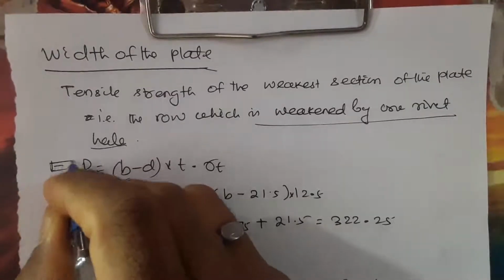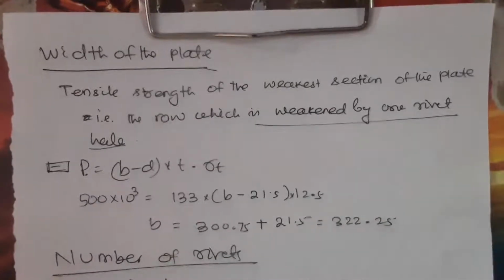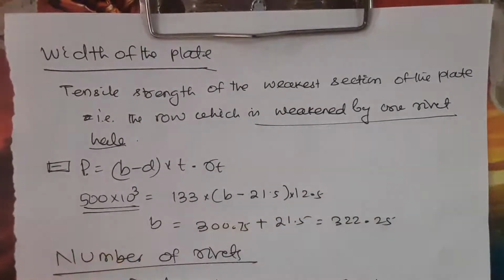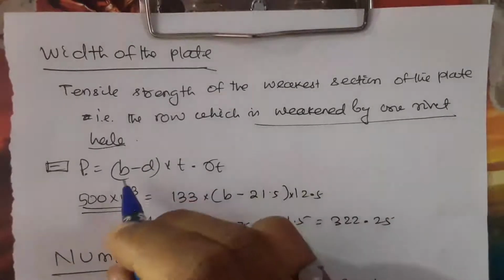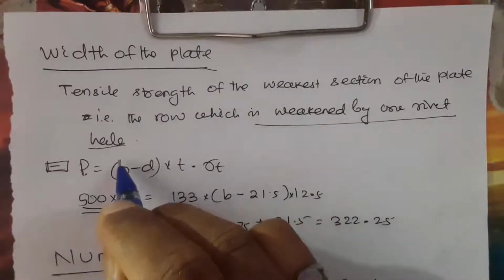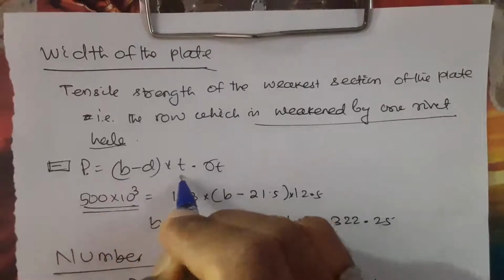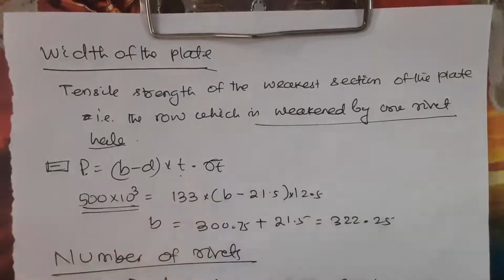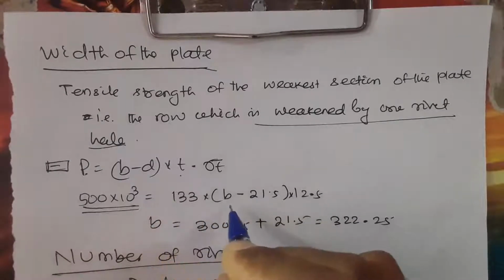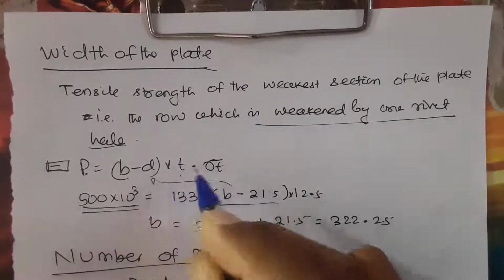To carry the maximum load, the maximum load of the joint is 500 kilonewton, and in the outer row only one rivet is there. So the width minus d, into the thickness of the plate, into the tensile strength, that is equal to 500.